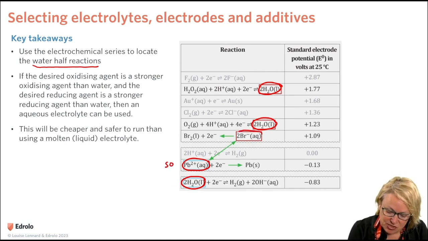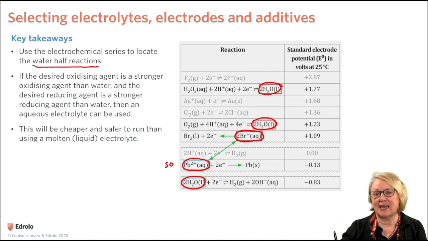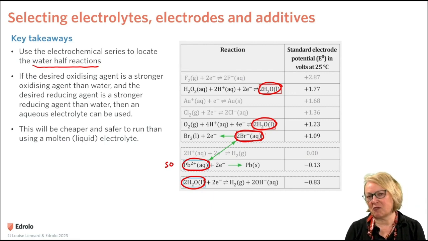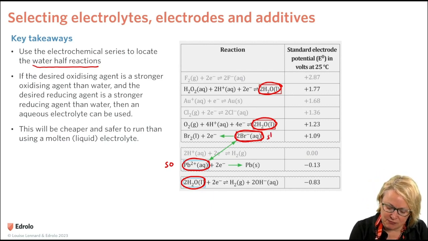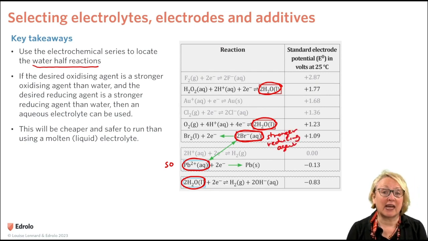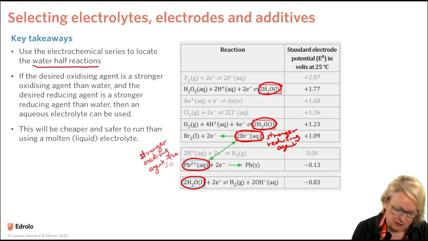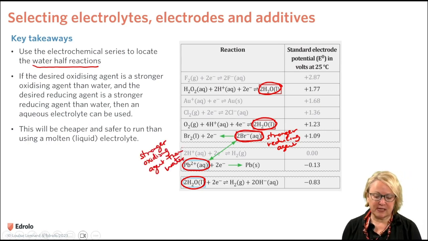The strongest reducing agent is lower down than water on the right-hand side. Then it doesn't matter that we've got water present because the bromide ions are a stronger reducing agent and the lead 2+ ions are a stronger oxidising agent than water. So we can leave the water there and it won't react.